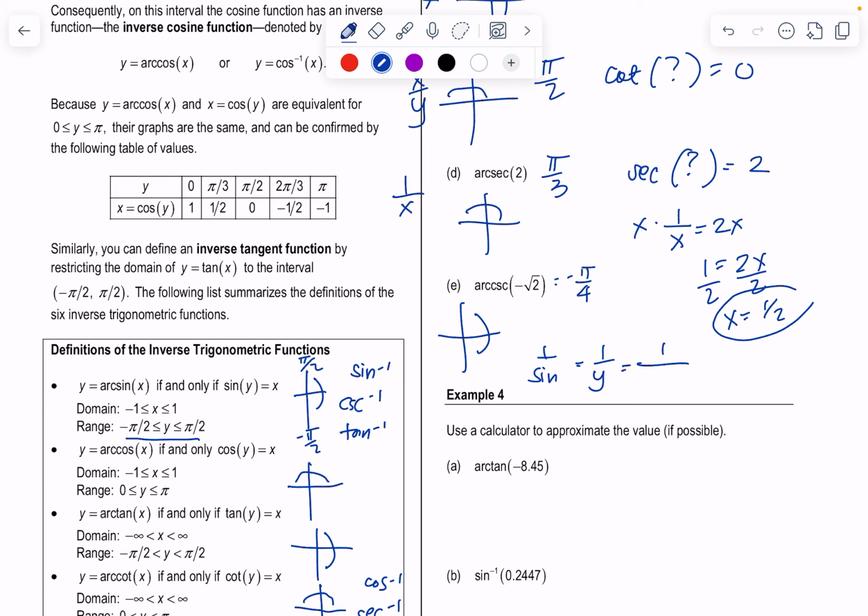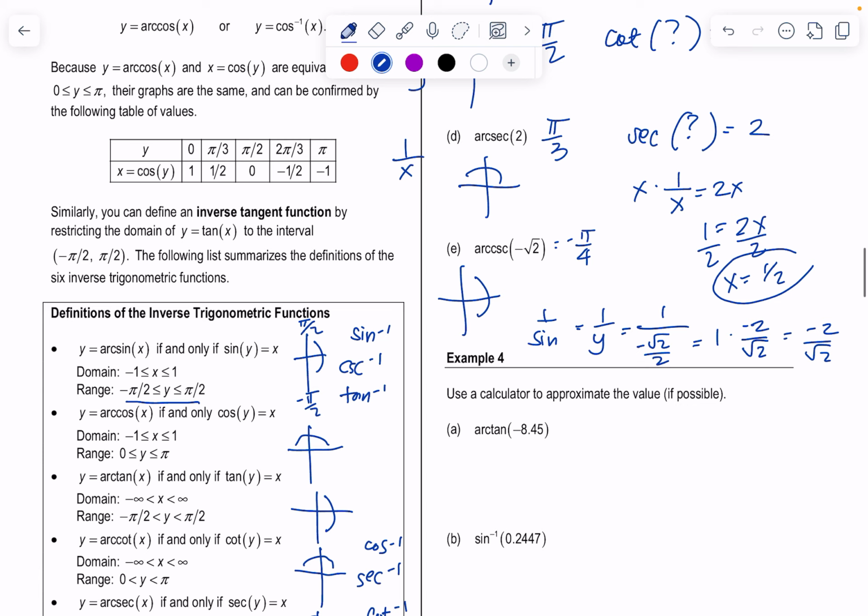So 1 over negative square root of 2 over 2 is negative 2 over square root of 2, and then negative 2 square root of 2 divided by 2. Cancel, and you get that one. So we find that at negative pi over 4.